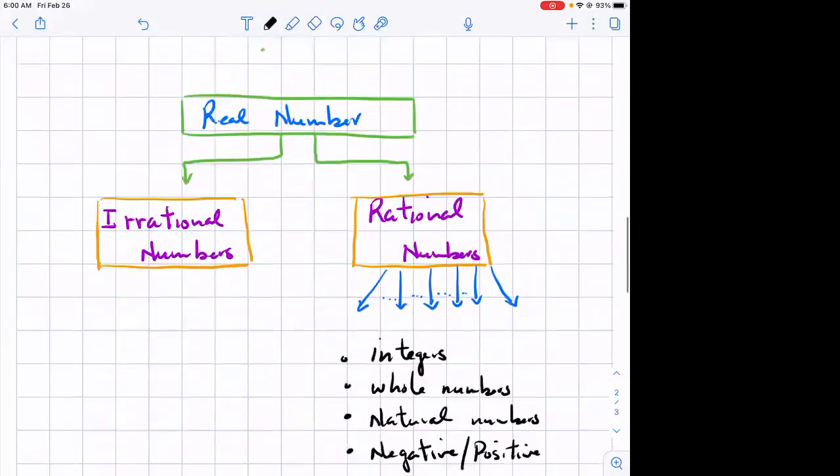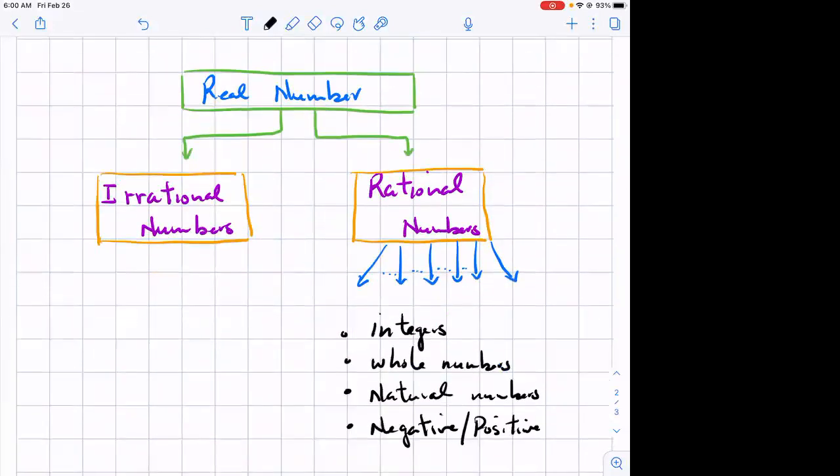So keep in mind that if someone asks you for your age, and let's say you're 25, okay? 25 happens to be a whole number, but 25 also is an integer. 25 is also an odd number. 25 is also a natural number, so it will fall under this branch here.